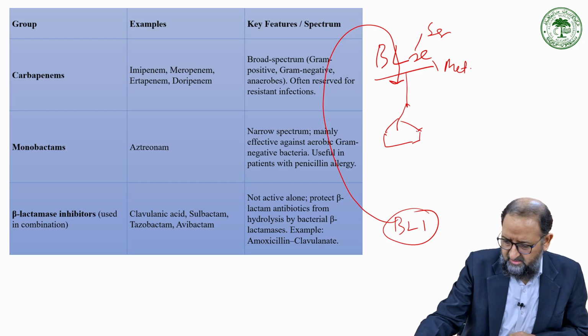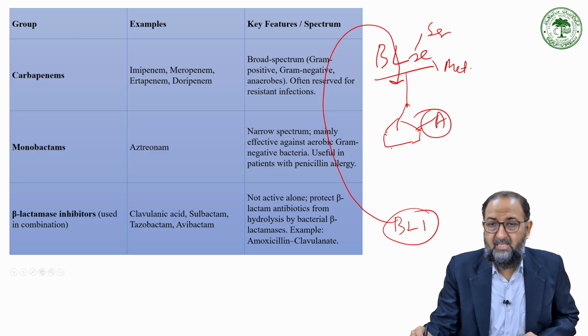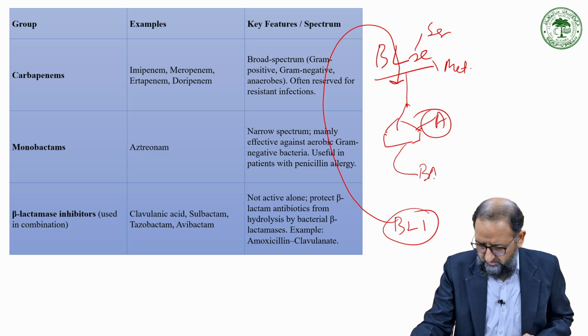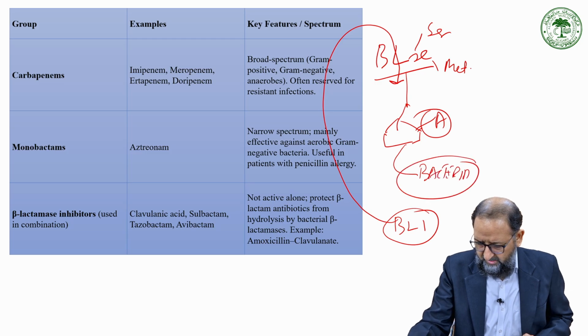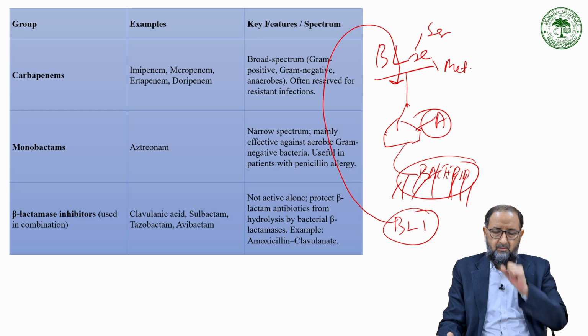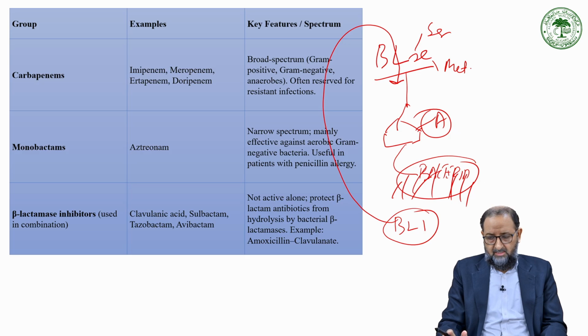Now, when the antibiotic remains intact with the beta-lactam ring, it will act on bacteria and kill the bacteria like this. So this is the simple mechanism of inhibiting bacteria and protecting the antibiotics from resistance.